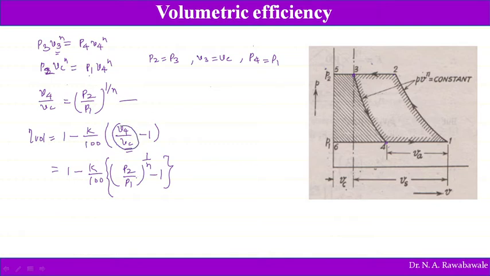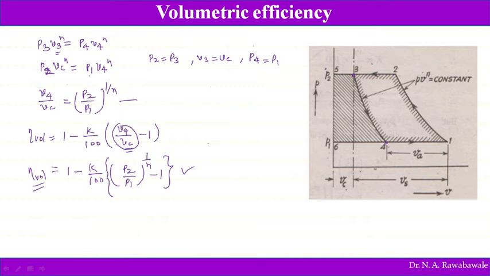This is replaced from the equation given above. So this is how we obtain the equation for volumetric efficiency, given by this, or it is Va divided by Vc.